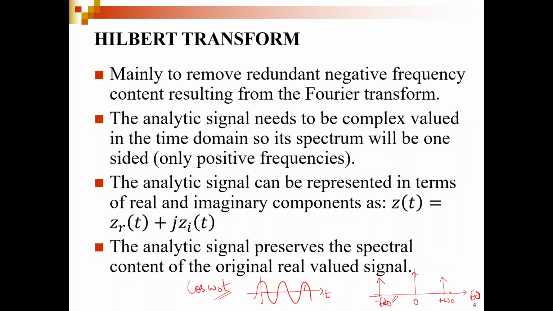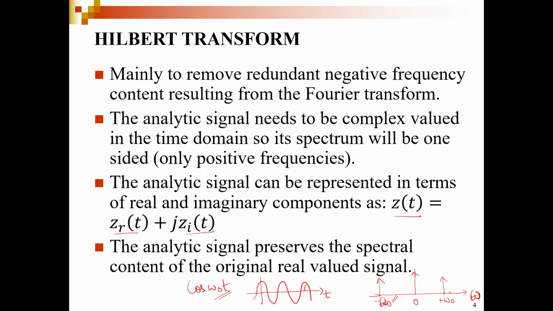An analytical signal is represented such that a signal can be expressed in its real and imaginary parts. Any signal z of t can be represented as the real part of z, plus j into the imaginary part of z.